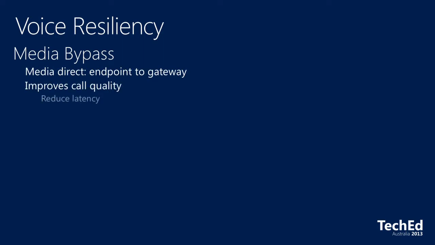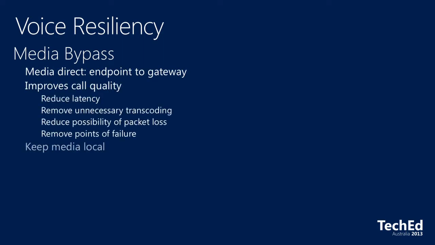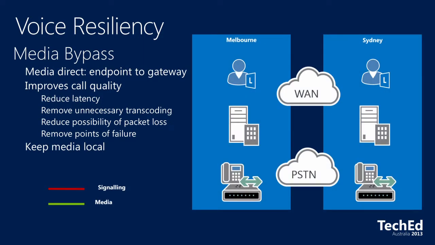So, media bypass. Nathan talked about the Lync server containing the mediation role and its ability to do transcoding as well. Even though it can do transcoding, it can be CPU intensive. If anyone's familiar, video conferencing systems with big MCUs tend to be expensive, with lots of resources.